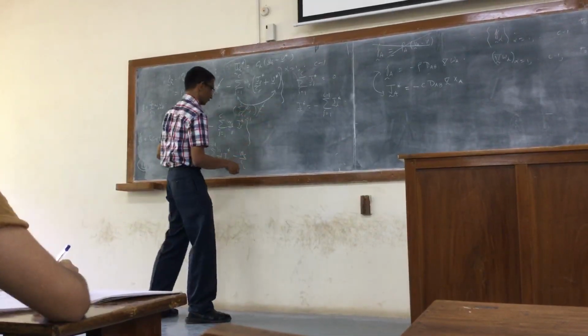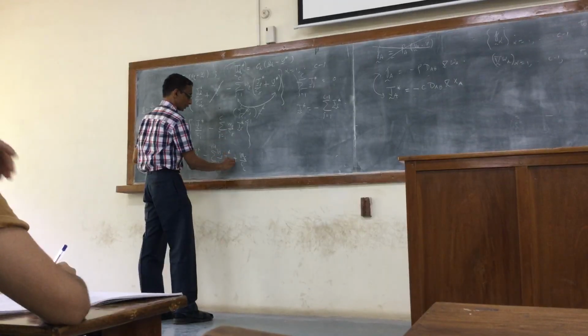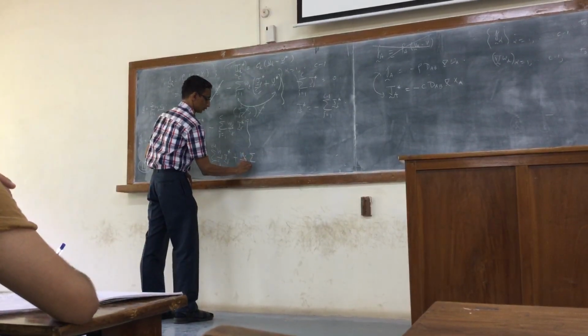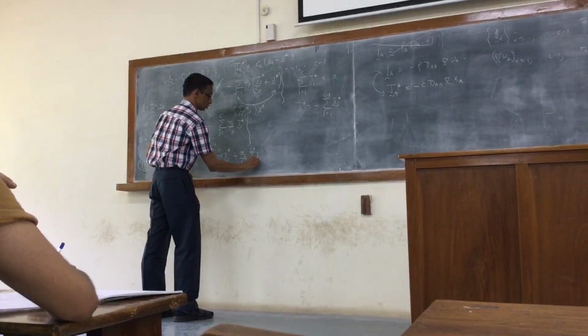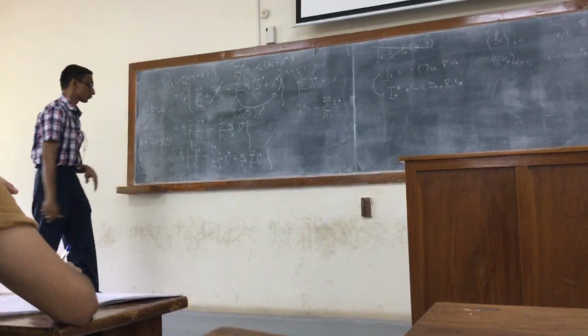J_c star is given by this, and so with a negative sign it becomes plus times the sum over j equal to 1 to C minus 1 of J_j star.